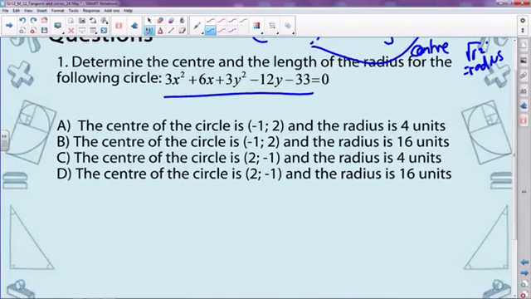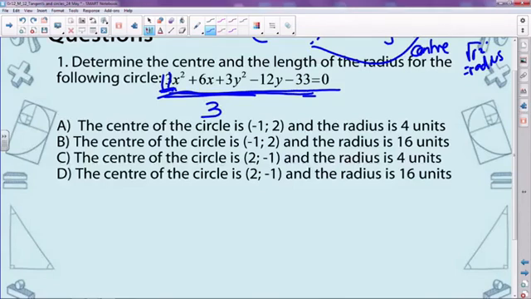Okay, so you've got your equation expression there. The first thing you want to do, guys, is you want to try and simplify this. We don't like working with things that are going to complicate the expression any more than it has to be. So what you really need to do is you want to get the coefficient of the x squared to be 1. So what you do is you divide through by the coefficient of x squared, which is 3.